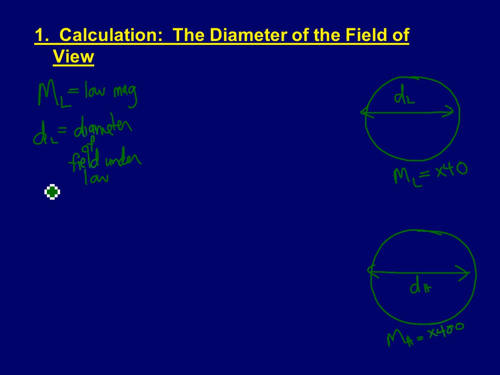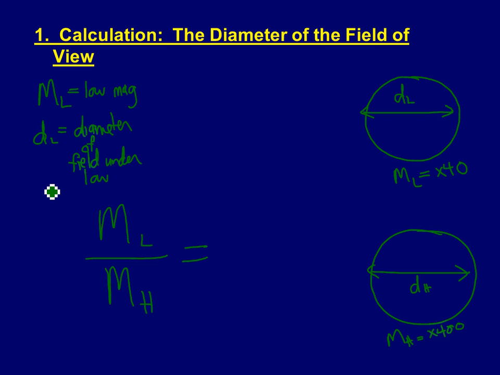If I have a ratio, the magnification under low divided by the magnification under high, I can get a ratio that tells me how much bigger or smaller that is. Because when the magnification goes up, my diameter goes down. It's got to do the opposite.